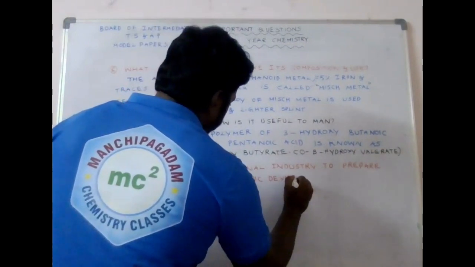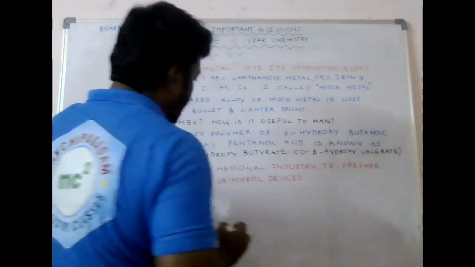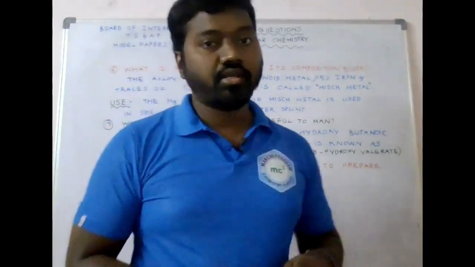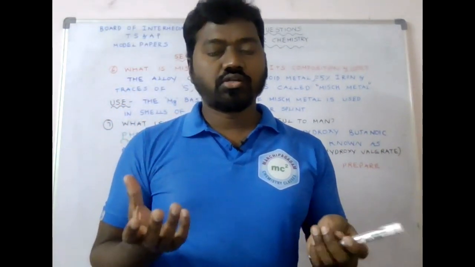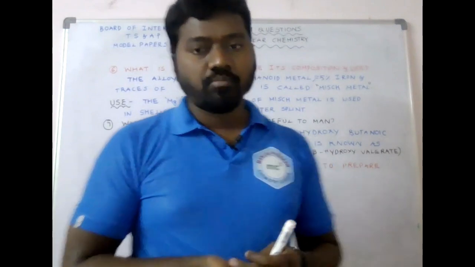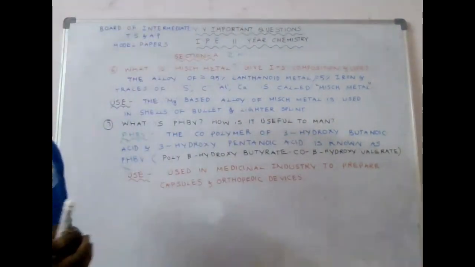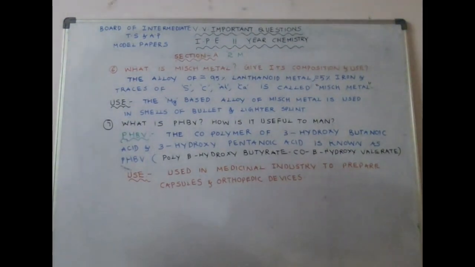Still so many uses are there. It is even biodegradable, degraded by bacteria also, so we can use it for prevention of environmental pollution. But we can write only one use, that is sufficient to get the 2 marks.